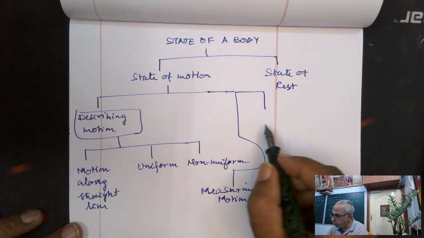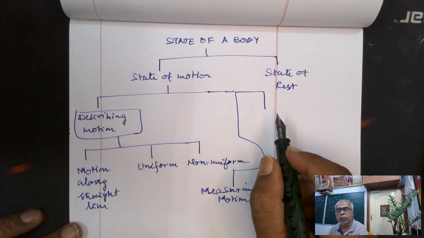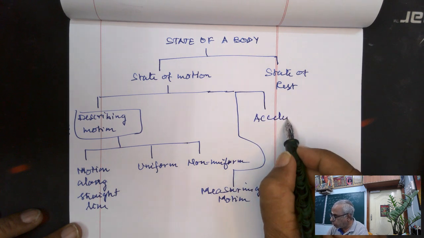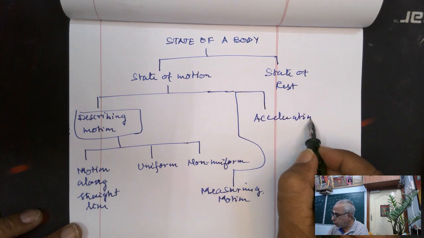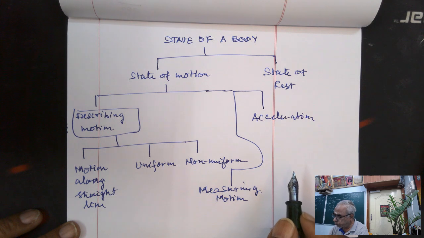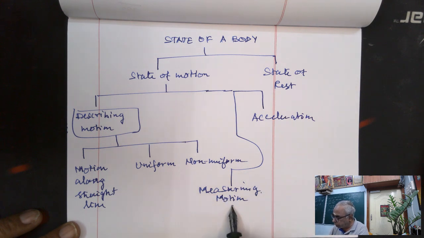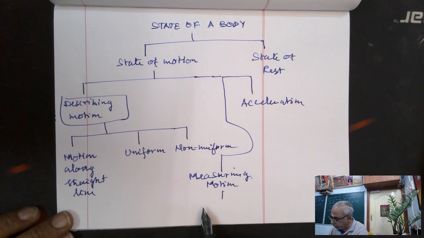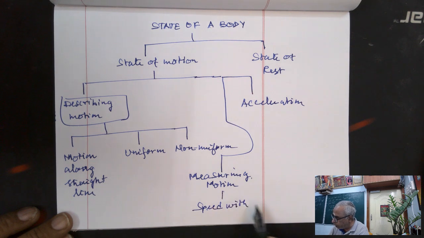This is another important term that you should learn. And when we measure the motion, we take the velocity or speed. Speed with the direction is called velocity.